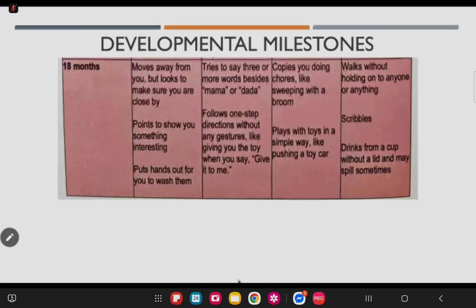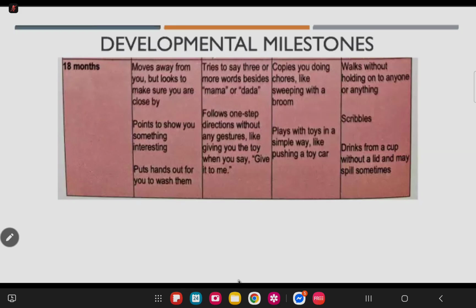This is actually the time where you can already recognize autism because the average age of diagnosing autism spectrum disorder is at 2 years old. So at 18 months, usually for the social or verbal milestones, you can already find red flags.